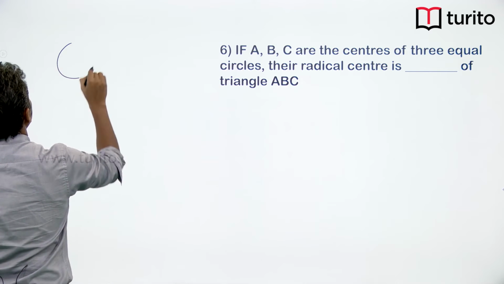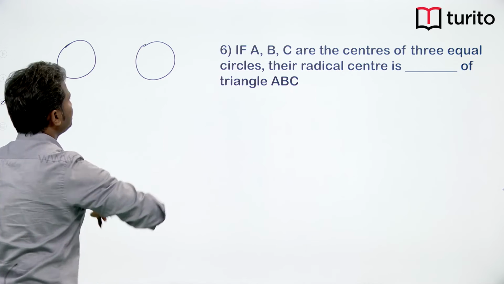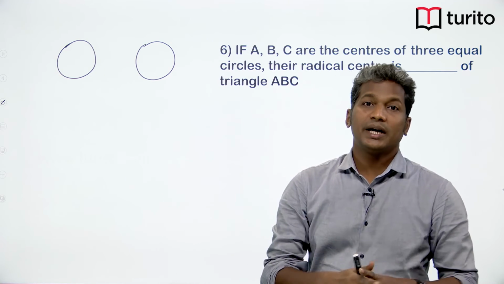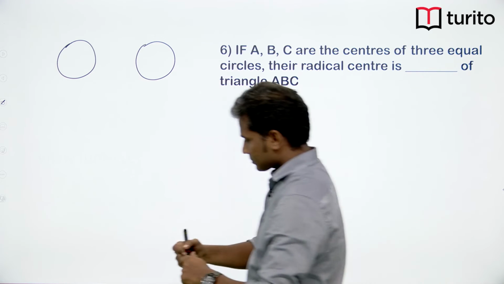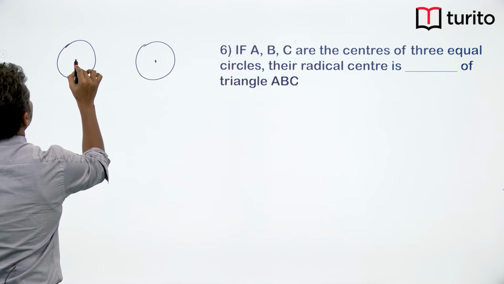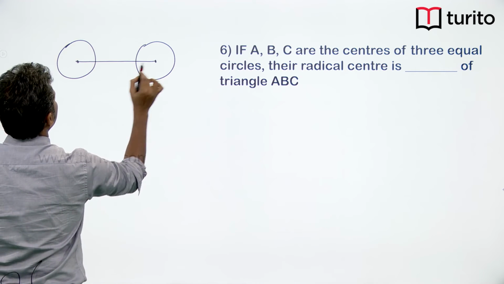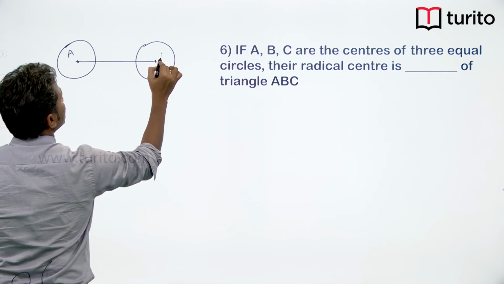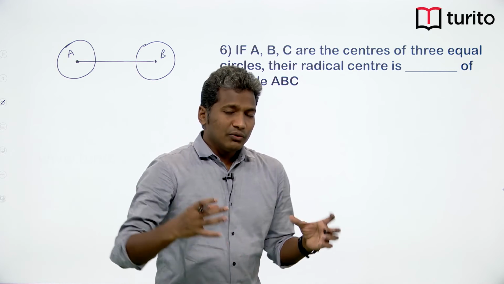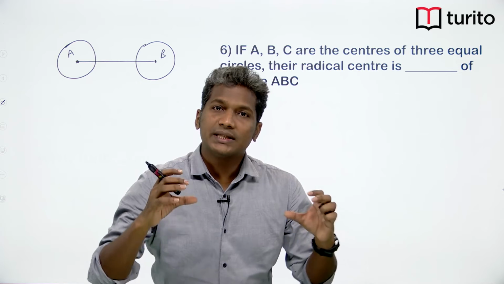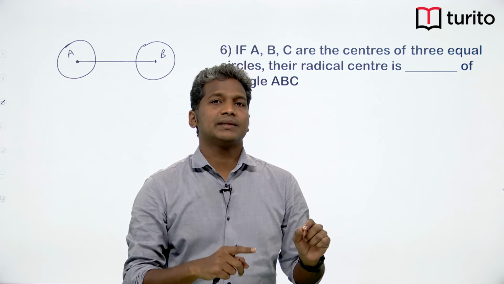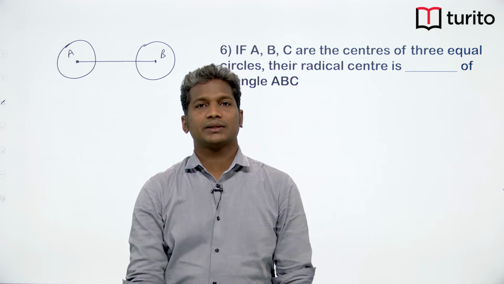Let us say we take two circles here, which are equal. Equal circles means radii of both circles are equal. Now, if I join these two, let us take the centers as ABC, then we will get the line joining centers. Now, if two circles are having same radii, that means equal circles, the radical axis will bisect the line joining centers.